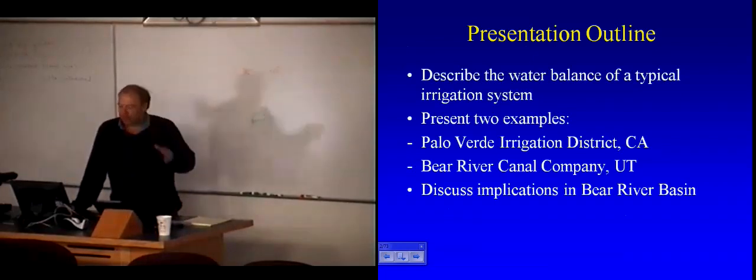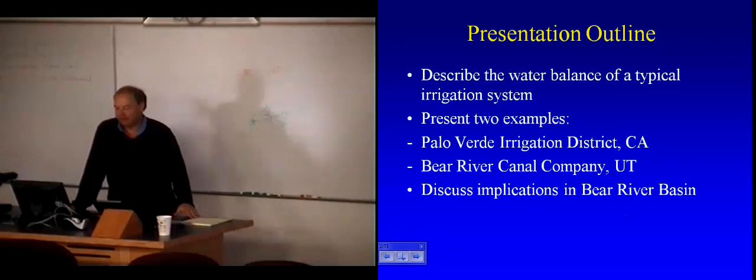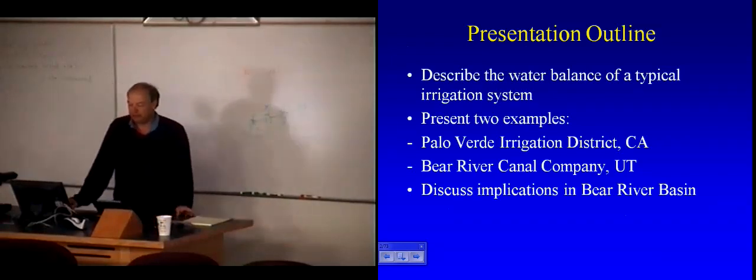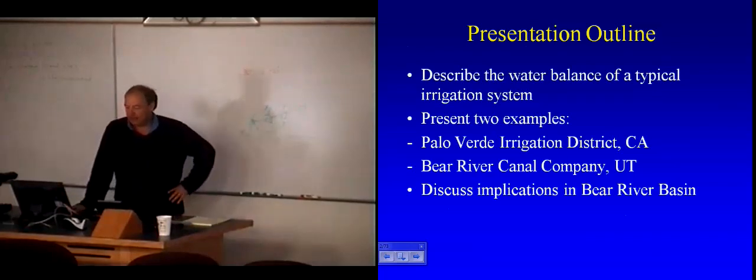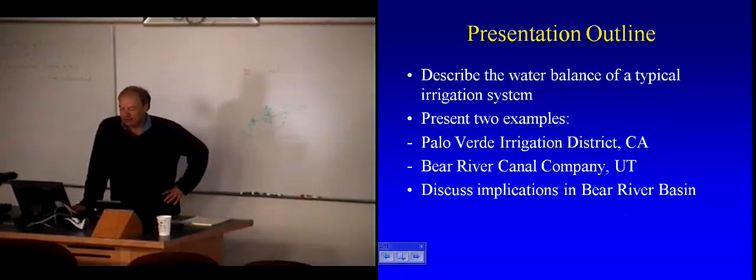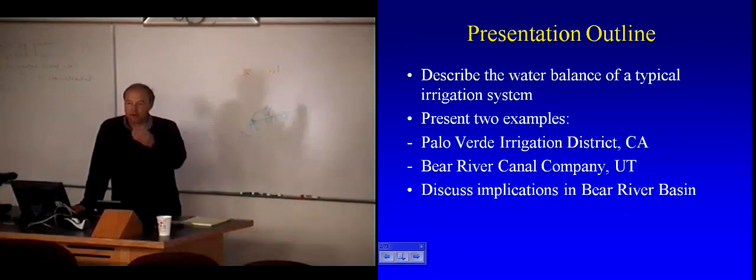And then non-consumptive losses are things that go on every day in canal and irrigation systems, which is seepage to the groundwater system, deep percolation from the field into the groundwater system, surface runoff from the fields, and tailwater losses from the canals. Those usually go back to the stream.